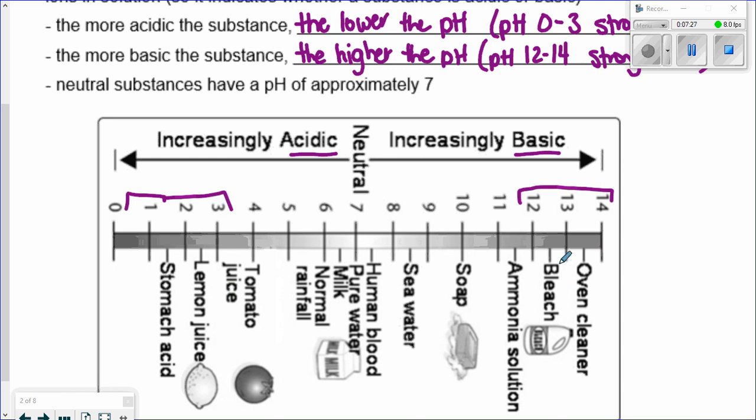if you look at our strong bases, so ammonia solution, bleach, oven cleaner, those are still quite corrosive. We always think of acids being the only thing that are corrosive, but these can be very corrosive as well. Those are things that you don't really want to be drinking. If you look at things like lemon juice, it's very acidic, and yes, we eat it.